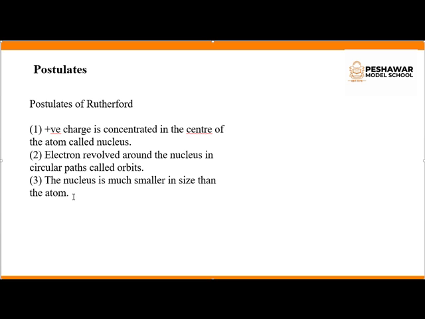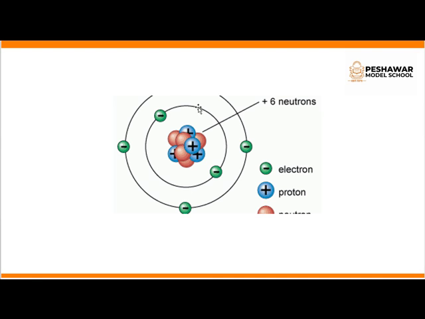The second point was that electrons revolve around the nucleus in specific shells or orbits. The third point was that the electrons revolving around the nucleus require centripetal force.